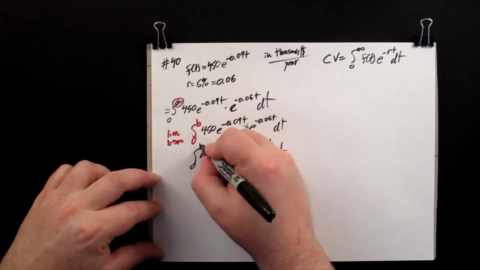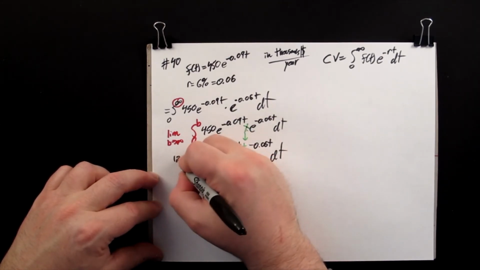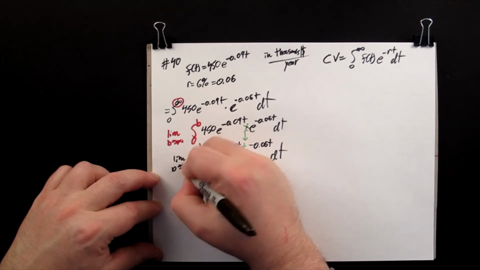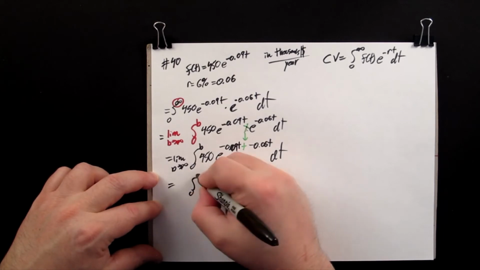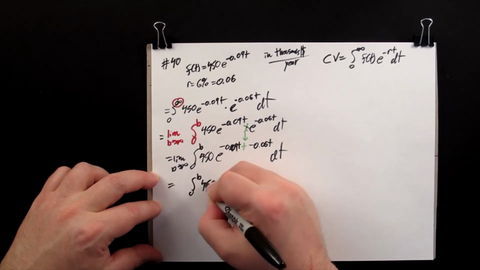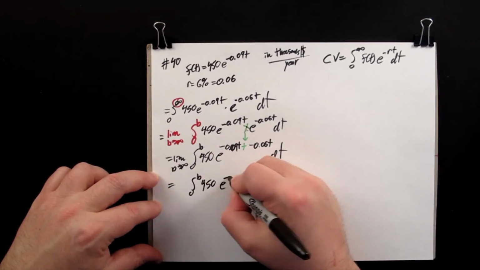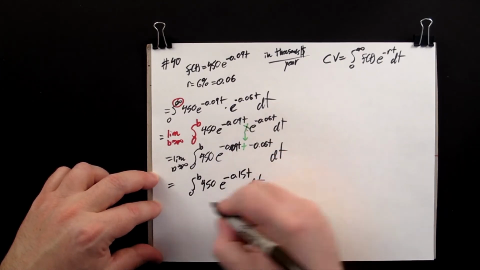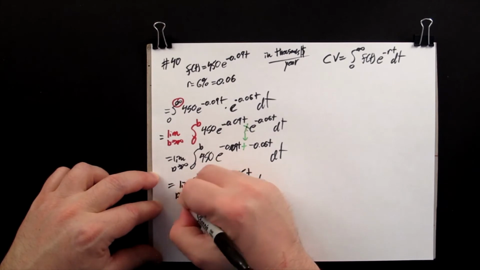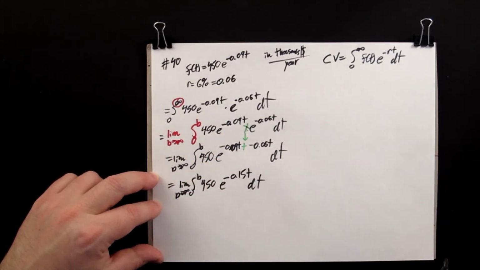Suddenly, that is now easier to work with. Got this limit here. Okay, so 0 to b, 450 e to the negative 0.15 t dt, and the limit.